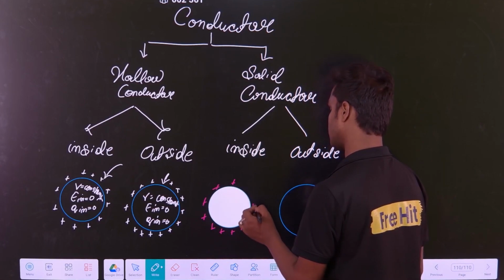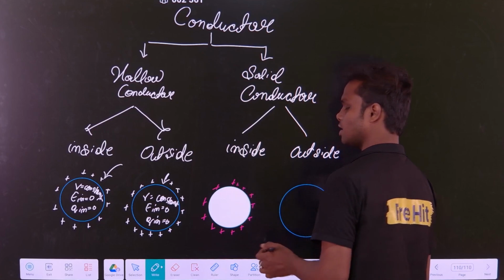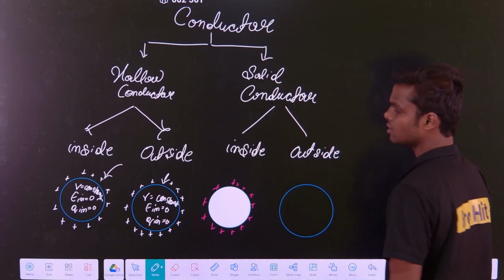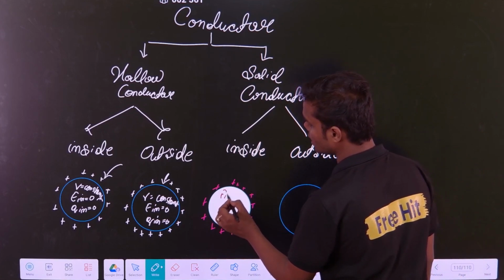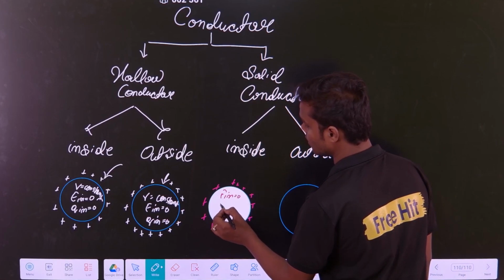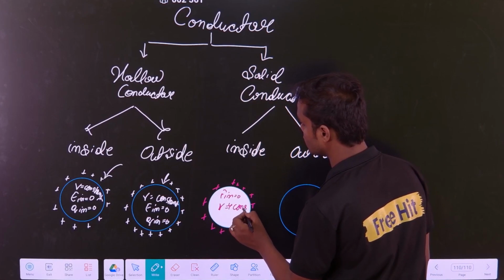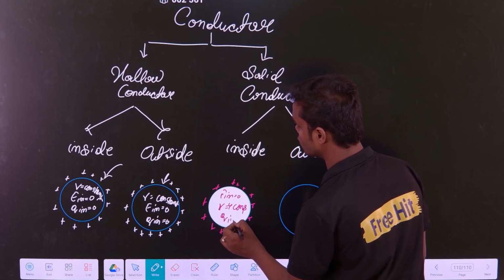So here also we can say my E internal is equal to 0, my V is equal to constant, and my Q in is equal to 0.